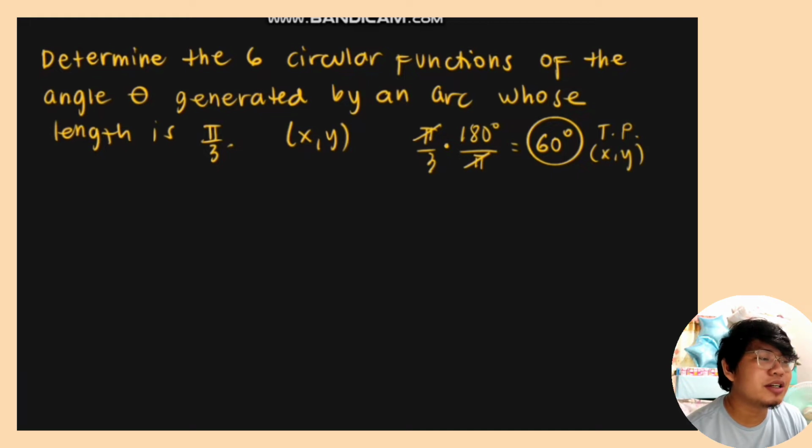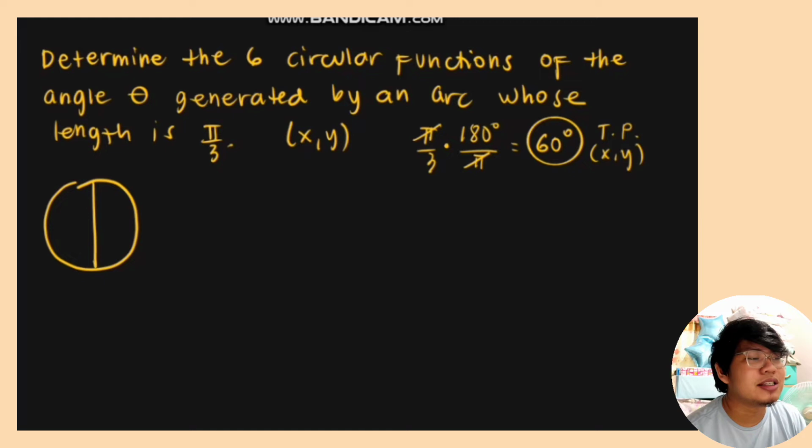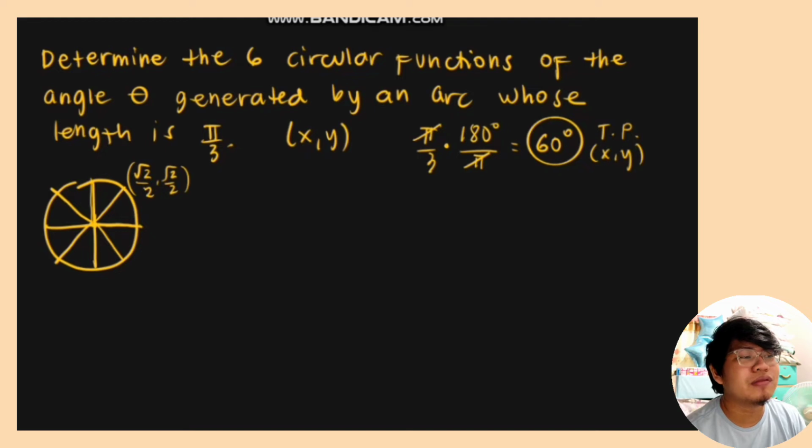Paano? Sa unit circle natin, okay, ito yung x and y axis. Kada 45 degrees, 45, 45, 45, nasa pagitan nilang lahat ng x axis and y axis natin. Lahat to merong square root of 2 over 2 and square root of 2 over 2. Nagbabago-bago lang tayo sa sign because sa first quadrant, both are positive. Sa second quadrant naman, ganun din, square root of 2 over 2 and square root of 2 over 2.